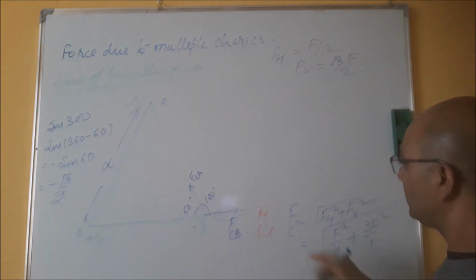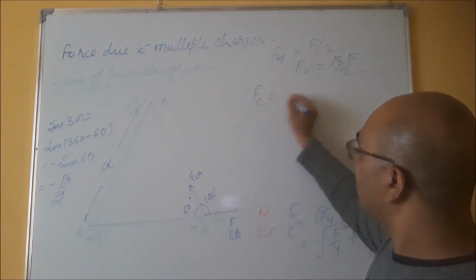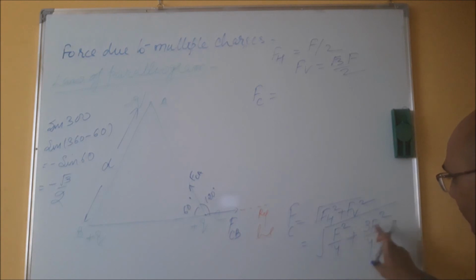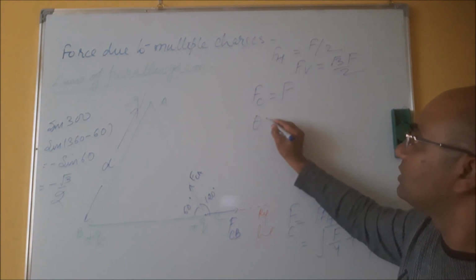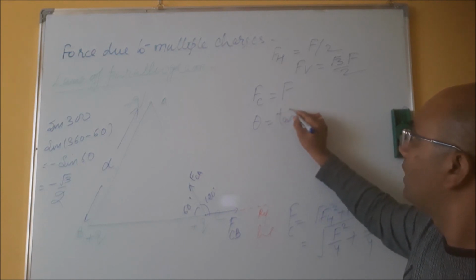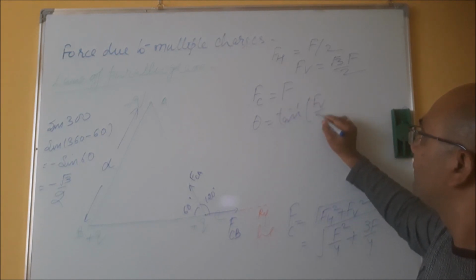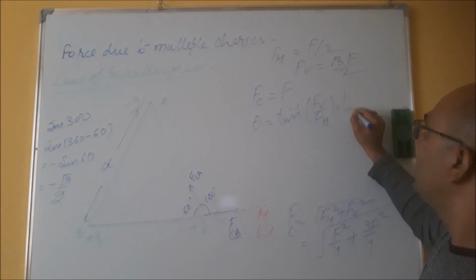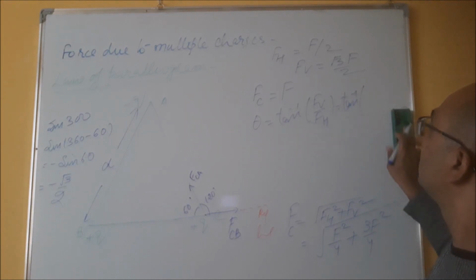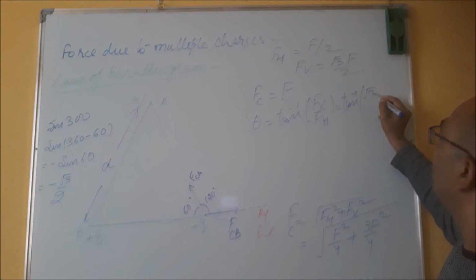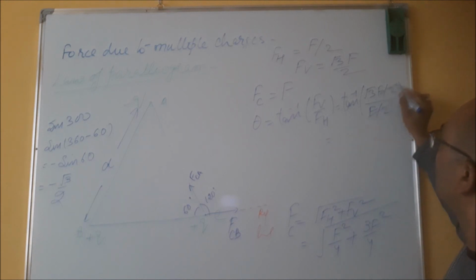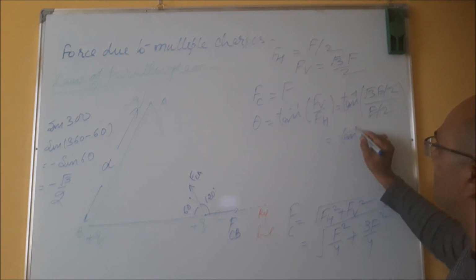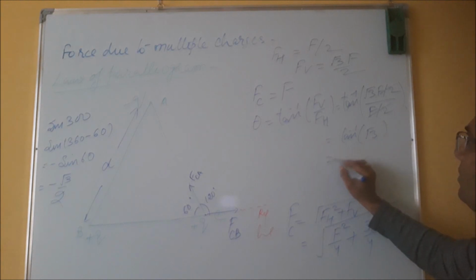When you solve this, 4F square, 4 will cancel, so the final value will be F. And what is theta? Tan inverse FV upon FH, so tan inverse root 3 F upon 2 divided by F upon 2. When you solve, only tan inverse root 3 remains, and this will be 60 degree.